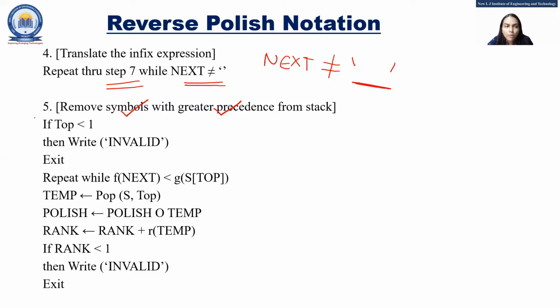Now, if top is less than 1, then we have to write invalid and exit from here only. Otherwise, we have to keep on repeating this code.